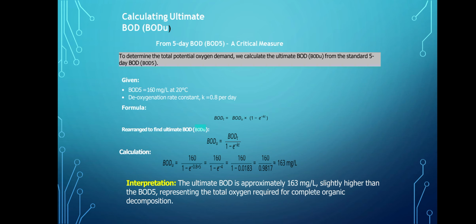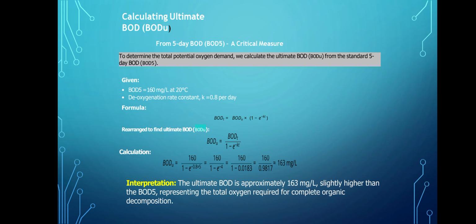BOD5 is given as 160 milligram per liter at 20 degrees centigrade. Deoxygenation constant K equal to 0.8 per day. So by using the formula, BOD5 equal to BODU, that means ultimate BOD, into 1 minus e to the power minus kt. So BOD5 is given.